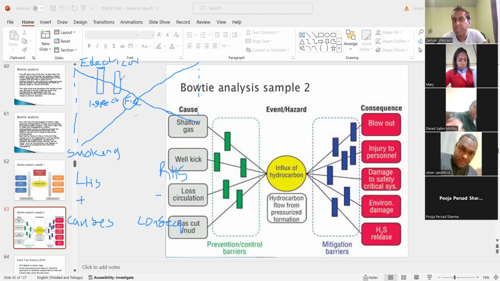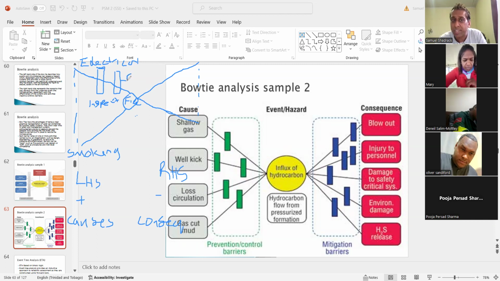Another barrier for electricity could have probably been maybe a step-down transformer, if you all know what that is, or a GFCI, if you know what a GFCI is. A ground fault circuit interrupter or earthing devices, or RCD, they call it in the UK.